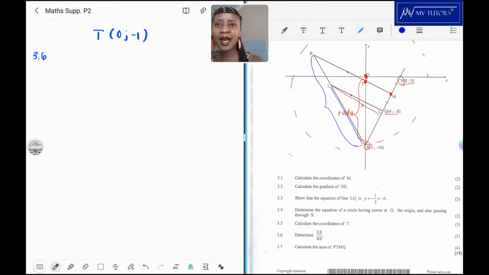If I think about it, I would use the distance formula to get LS and the distance formula to get RS. But for RS, I don't have the coordinates of R, and I only have the coordinates of S. What else do I know? Let me try to redraw it so that I see. We don't have L, but that should be fine. Let's see how we can do it.